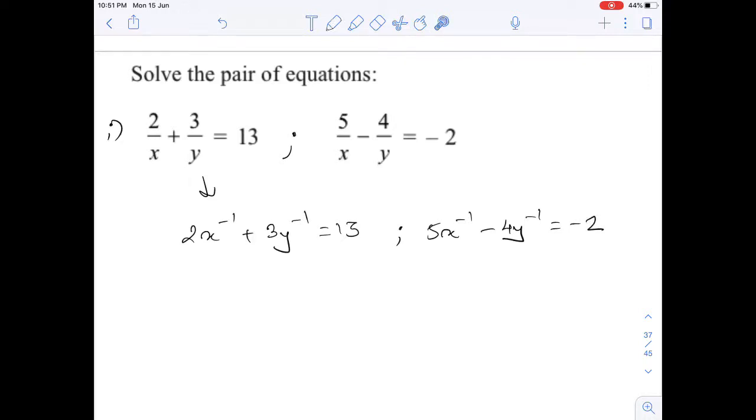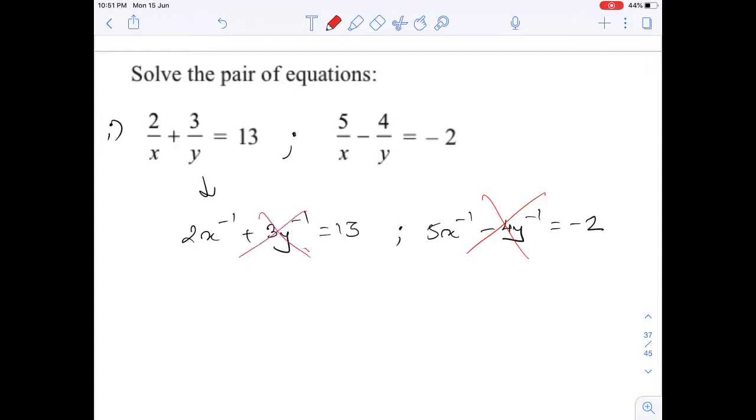Now if you look at the power of the variable, it is negative, and we don't want the power to be negative, we want it to be positive, so we cannot consider this one. Right now this method is wrong.